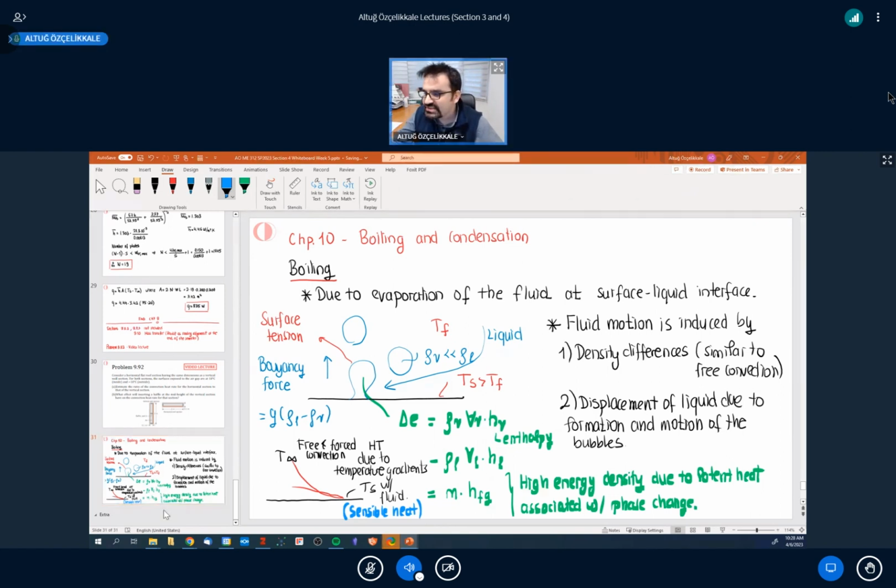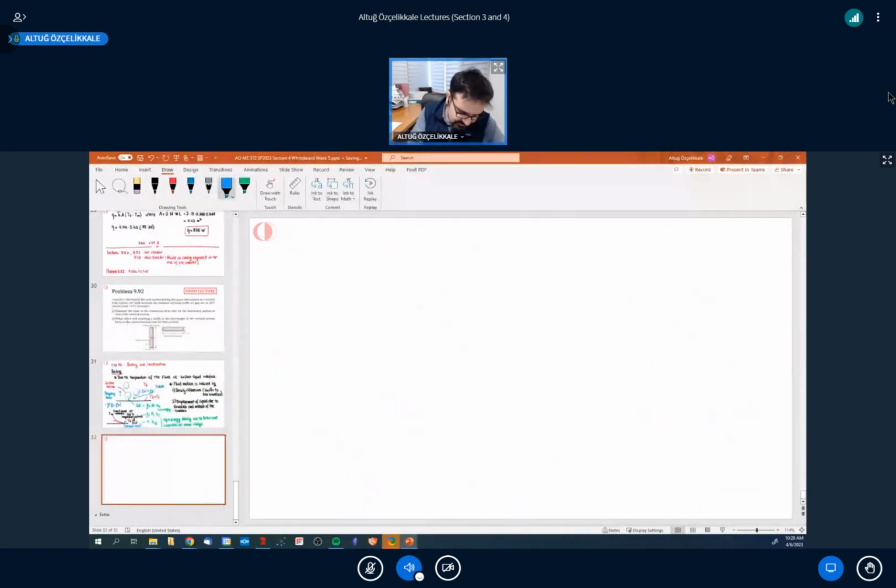And this additional mechanism of heat transfer allows us to transfer a large amount of heat across a small temperature gradient. So we are actually cheating the game. We are breaking the limits of what you can achieve over a certain temperature gradient. Large heat transfer rates, even across small temperature gradients.